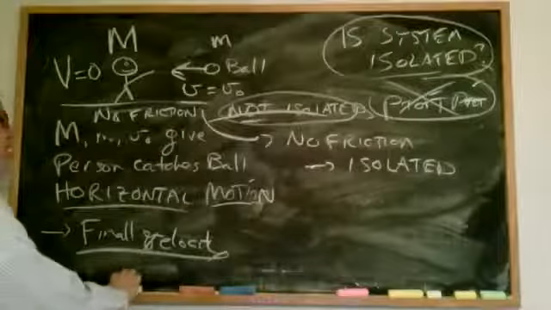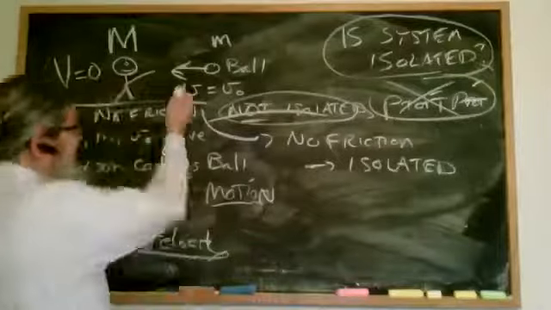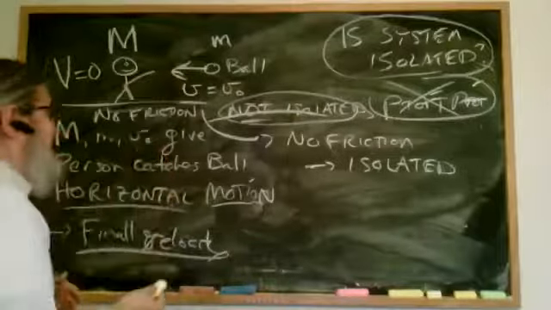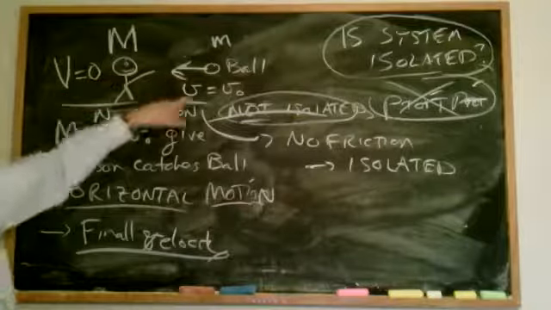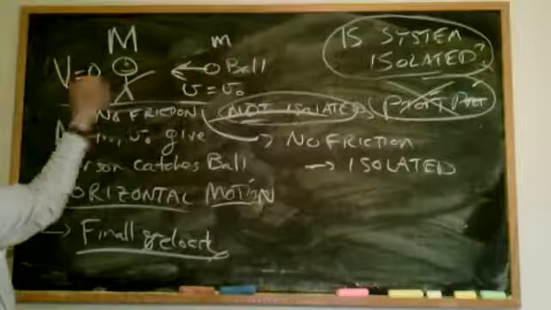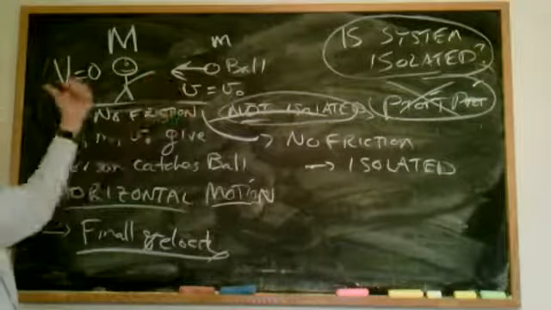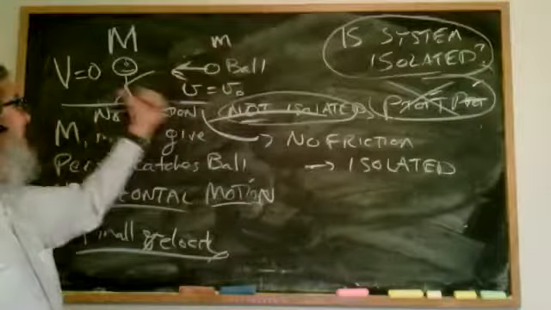Then the person catches the ball, and this is a collision, so it's a totally inelastic collision. I can write down p total equals p total prime. The initial momentum is equal to little m, little v naught this way. The final momentum is also little m, little v naught this way.